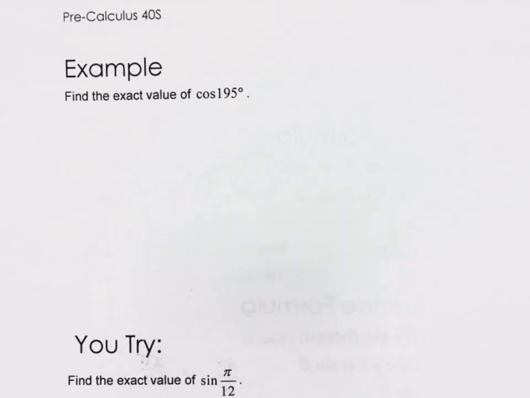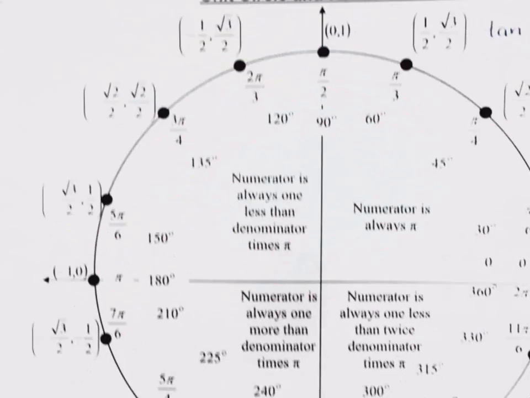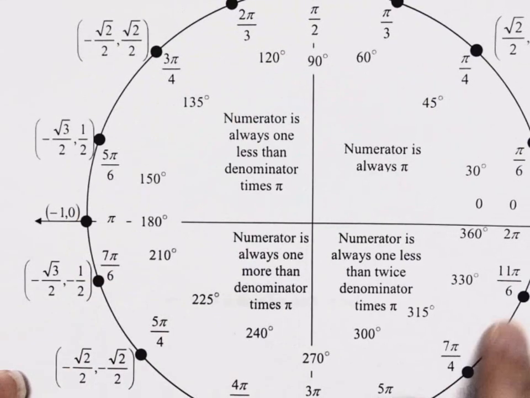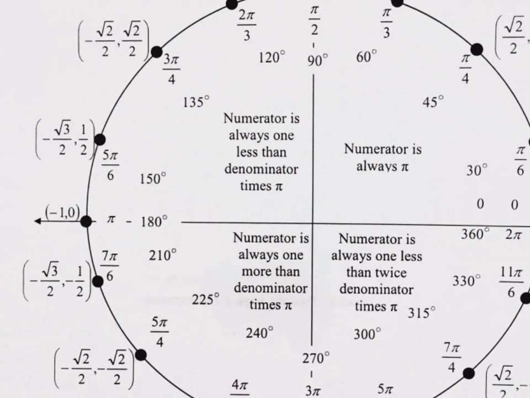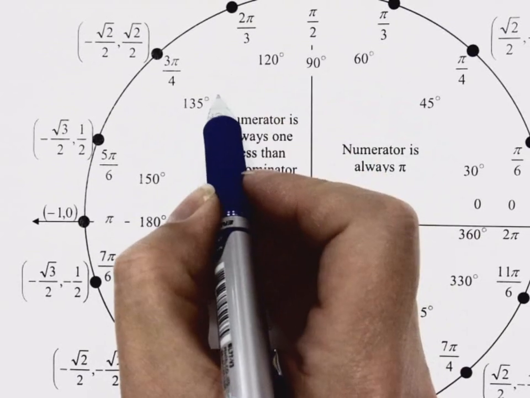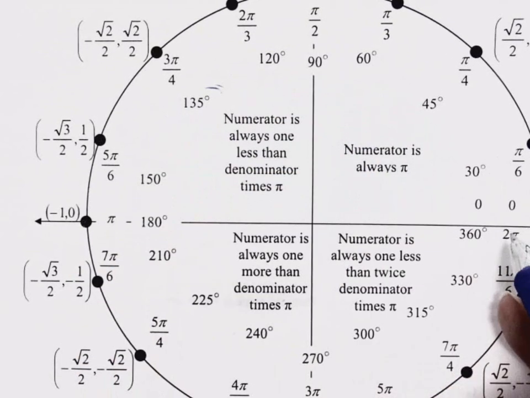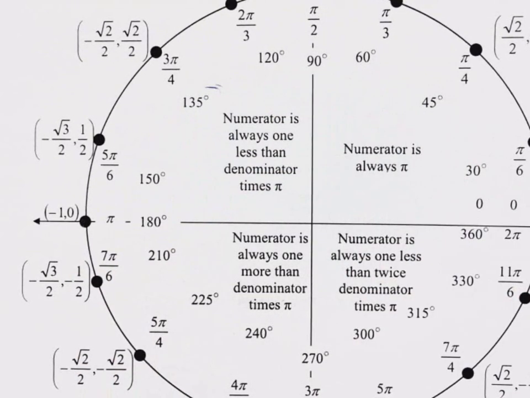I need you guys to think about what angles we're going to add or subtract to get to 195. Yeah. 135 and 60. That gives me 195. So we're adding again.